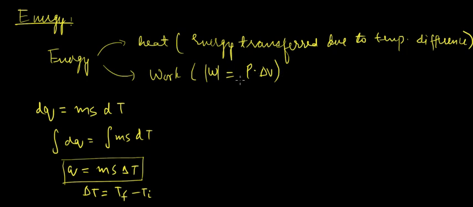We can also write, let's see a constant c, which is specific heat capacity or specific heat.